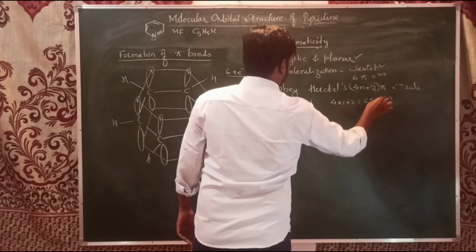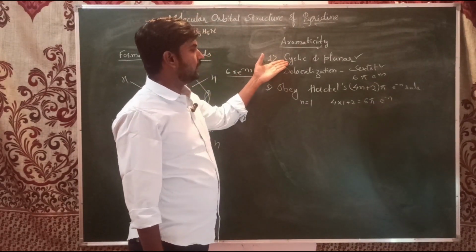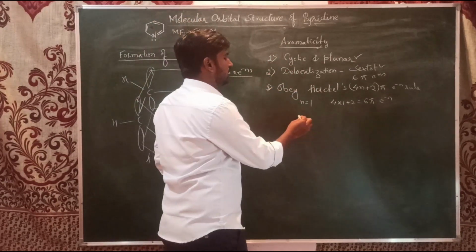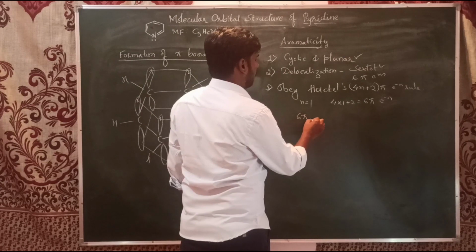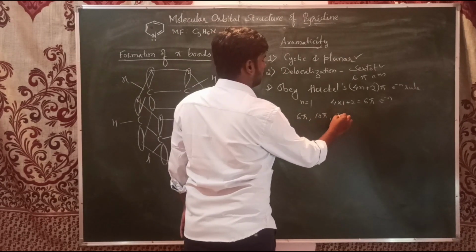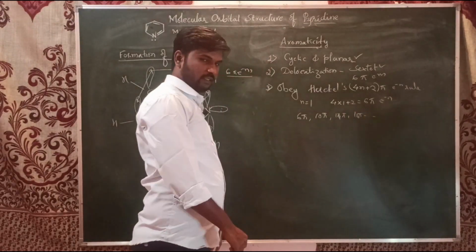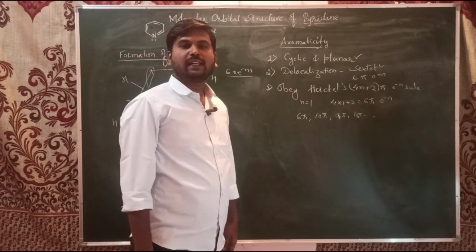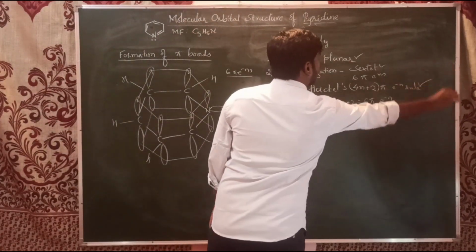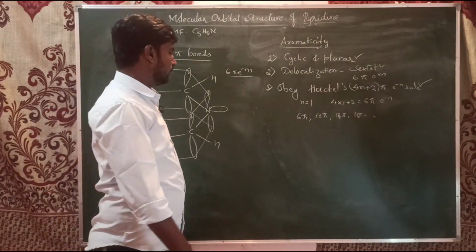Any compound which is cyclic and planar and shows a completely conjugated system with 6 pi electrons, or 10, 14, 18 pi electrons, could be aromatic. So here it has 6 pi electrons, hence it is aromatic and obeys Huckel's rule. Hence it fulfills the third criterion.